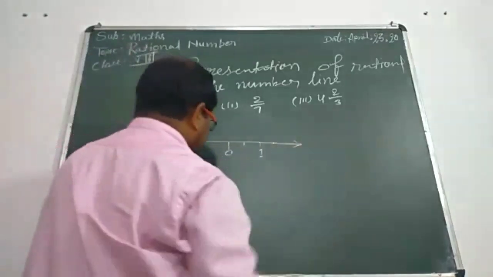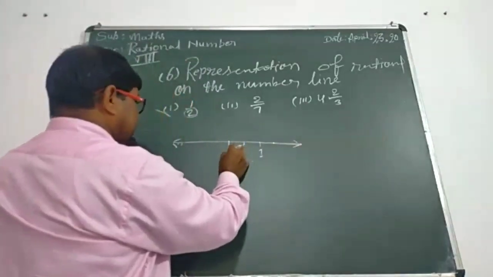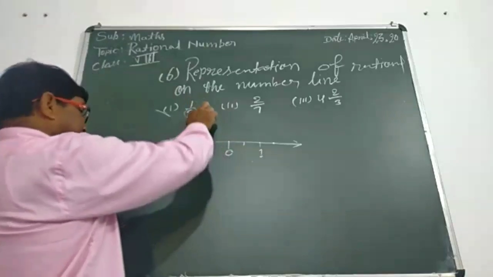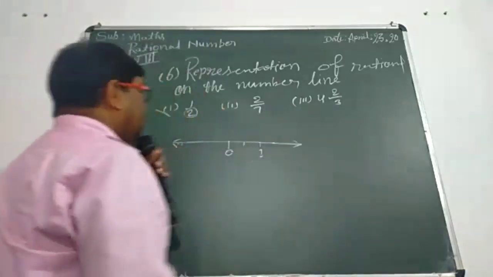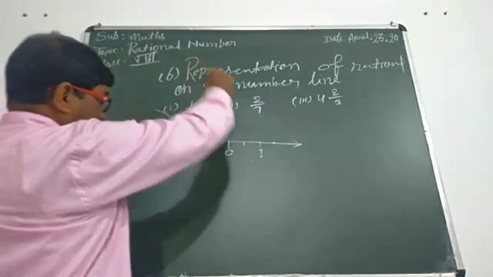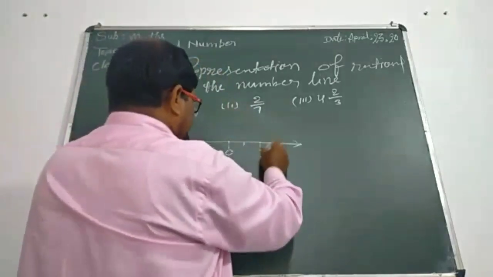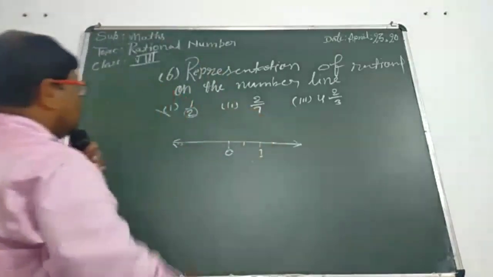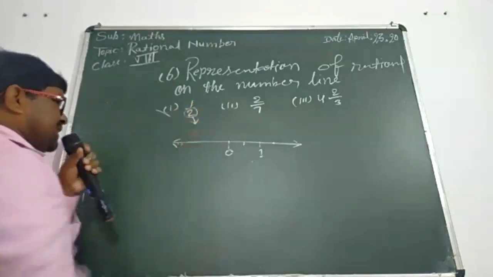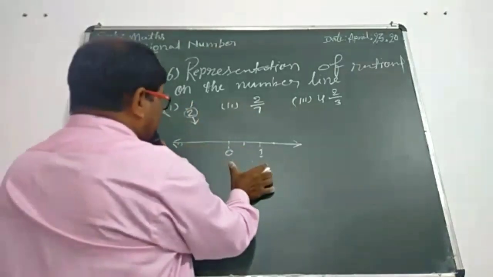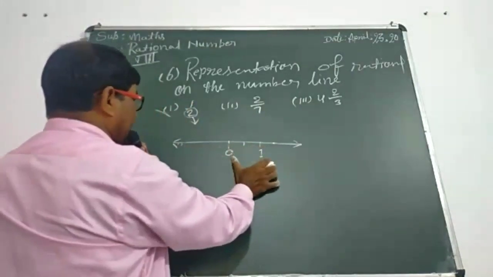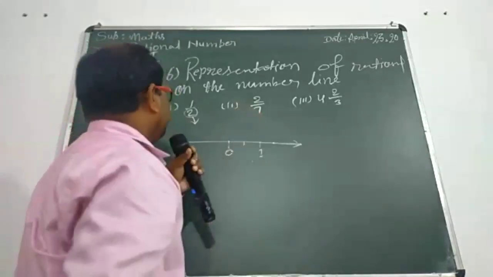Listen again. First, this is the line. Represent 0 here. This is positive, so we will go to the right side from 0. Numerator is 1, so locate the number 1 here. Now, denominator is 2, so divide this portion 0 to 1 into 2 parts.